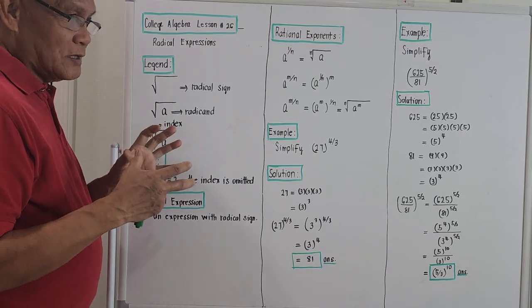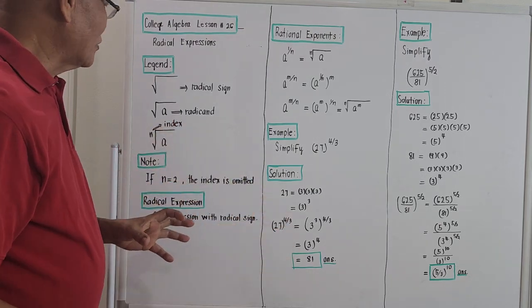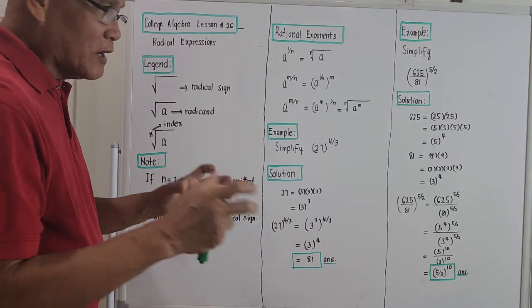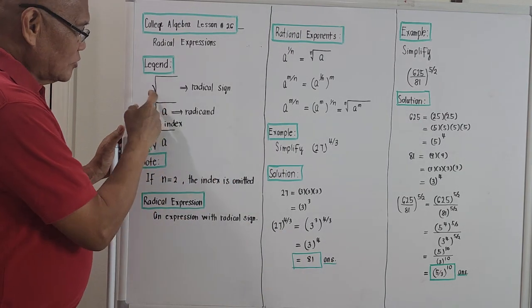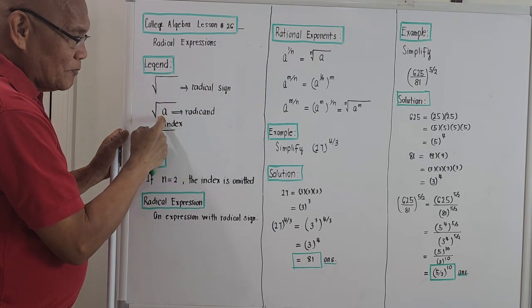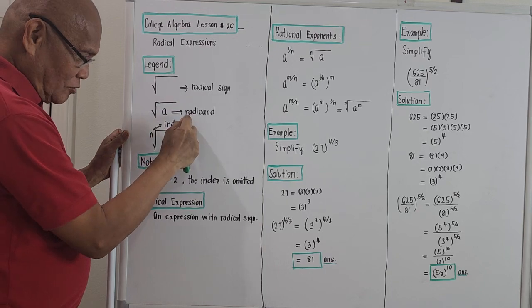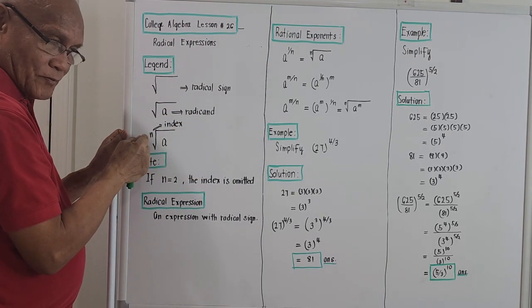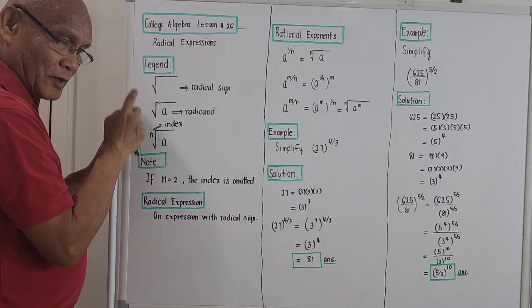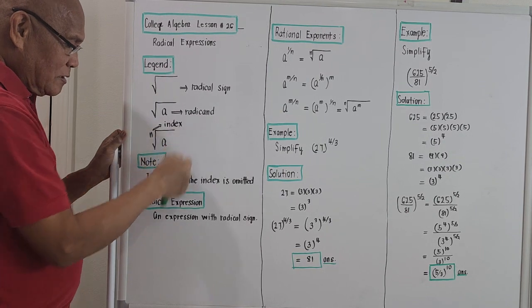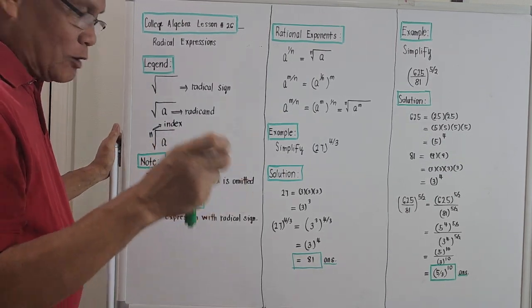So under the discussion of radical expressions, just memorize three terms under the legend: the symbol for the radical sign, the number inside the radical, which is the so-called radicand, and the number or the exponent of the radical, which is termed the index.